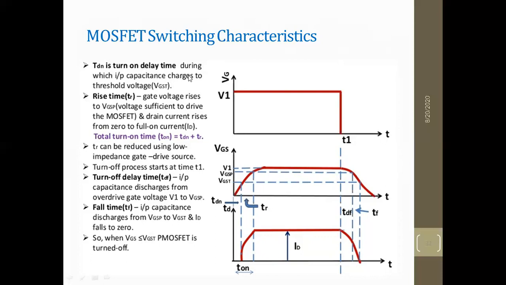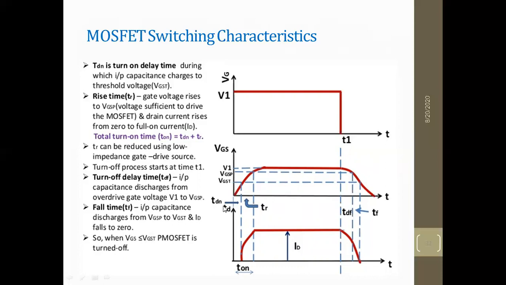The turn on delay time is the period during which the input capacitance charges to the threshold voltage. Previously I explained that the MOSFET without any gate signal acts as two diodes connected back to back, and as an NPN transistor.